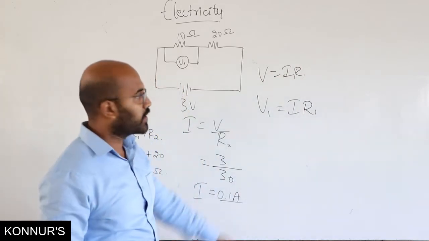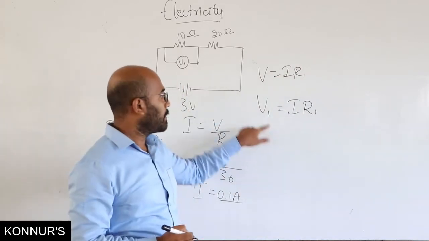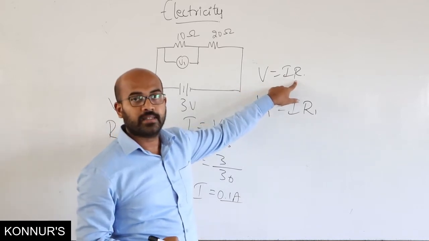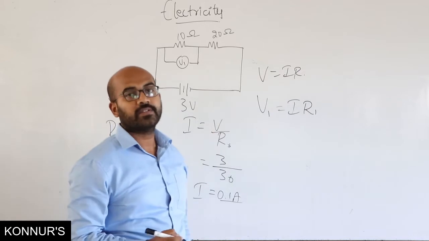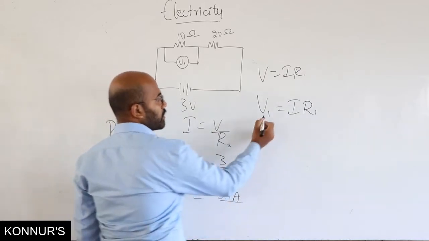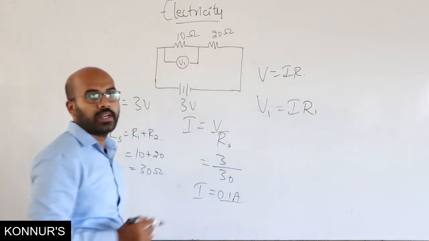So from Ohm's law we know that V is equal to IR. But for a different resistance value, the potential difference will not be the same, it will be different. So V1, that is the potential difference across 10 ohm.